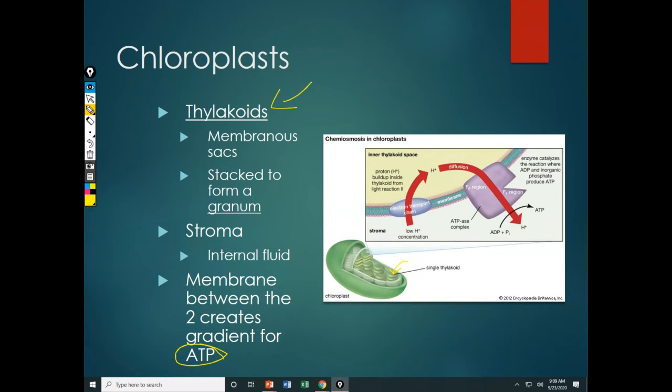Just like those folds gave us countertop space to work on, these cookies, these thylakoids, are all surface area to make the ATP. The more surface area you have, the more countertops you have, the better you are at making ATP.